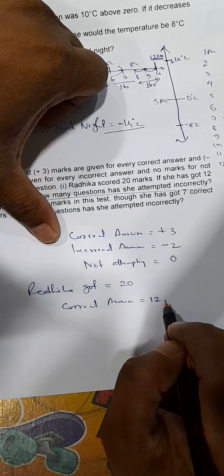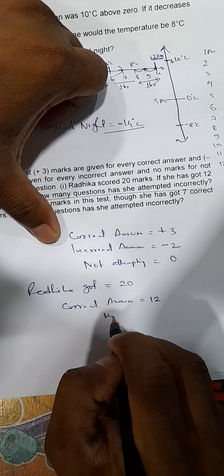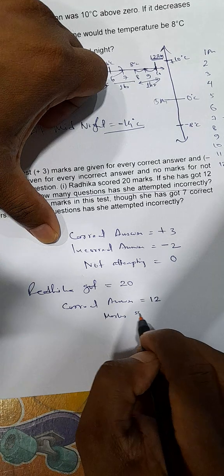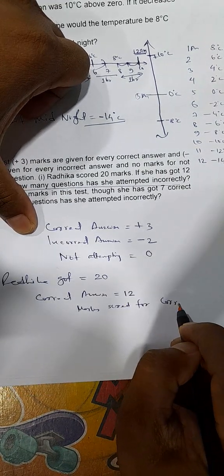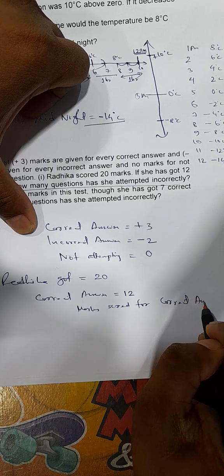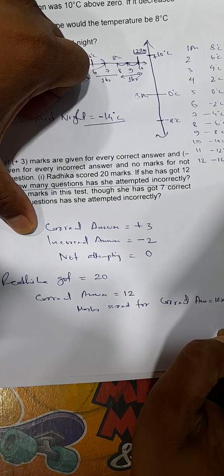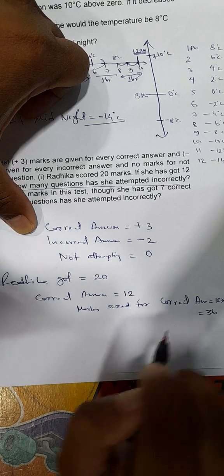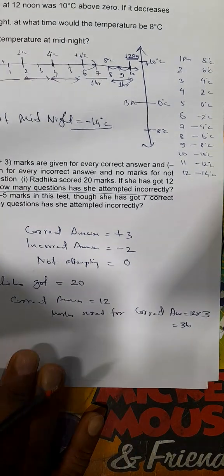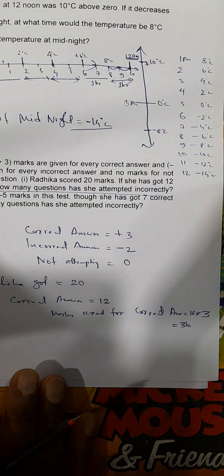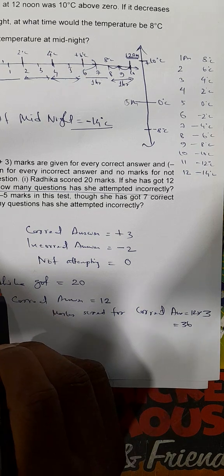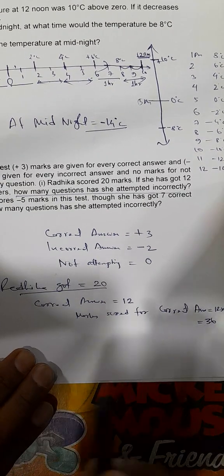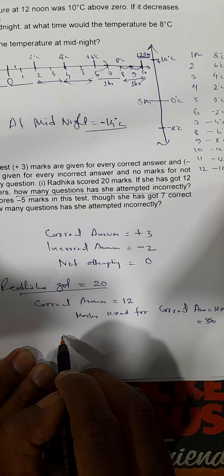For correct answers, marks scored: 12 multiplied by 3, 36. She attempted 12 answers correctly, so she got 36 marks. However, finally she got 20 marks only. That means how much did she lose?